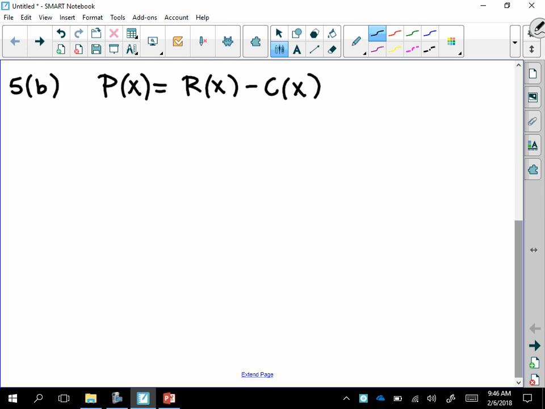So if I want to find the profit function, then I'm going to perform this subtraction. What is R of X? 9.5x minus 0.04x squared. And then I'm going to subtract from that the cost function. And what's the cost function?